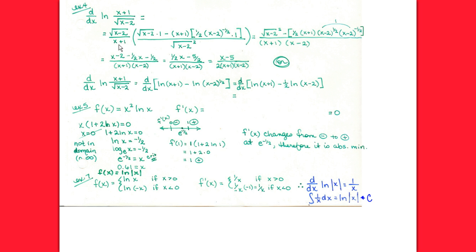Now I need to multiply by the derivative. So I'm going to go through and say denominator, square root of x minus 2, times derivative of numerator, so that would be 1, minus numerator, and then I need to work on the derivative of the denominator. All right, (x minus 2) to the 1/2. If I take the derivative of that, that's going to be 1/2 (x minus 2) to the negative 1/2, and then I need to multiply by the derivative of x minus 2, which would be 1.